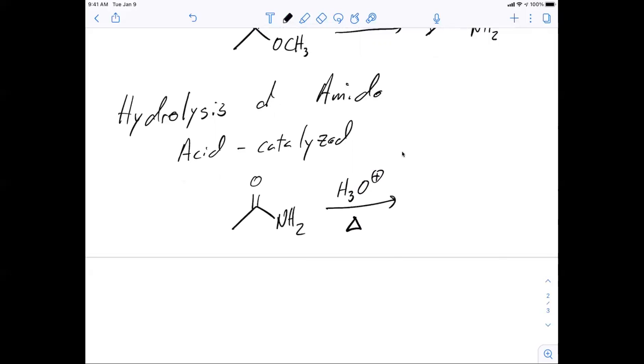So as we go to less reactive carboxylic acid derivatives, our reagents have to increase in their energy. And so we go from water with chlorides to water and acid to water, acid, and heat. Right, and that can give us a carboxylic acid.